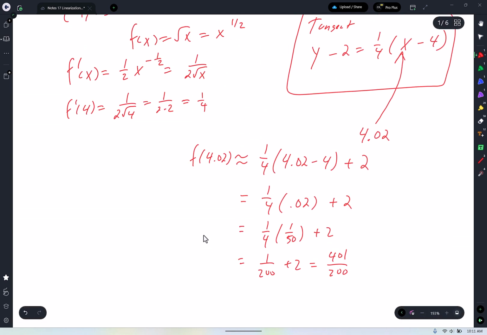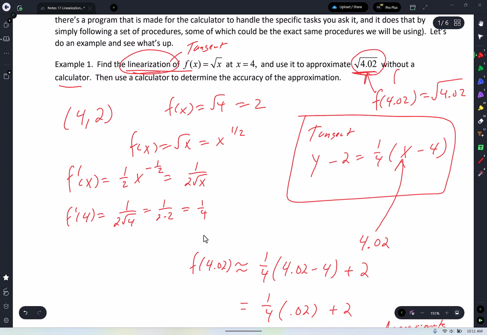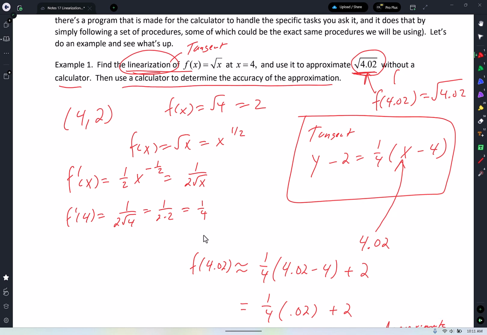This is your approximation. And they wanted me to then use the calculator to determine the accuracy of the approximation.